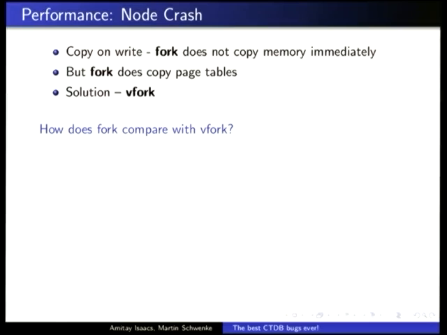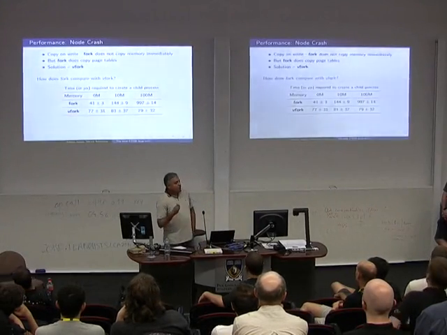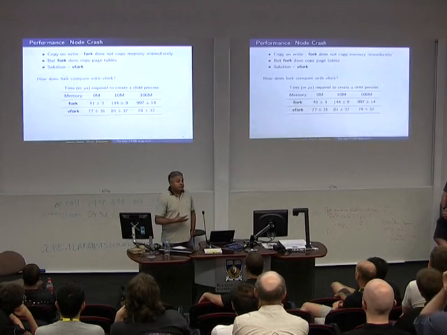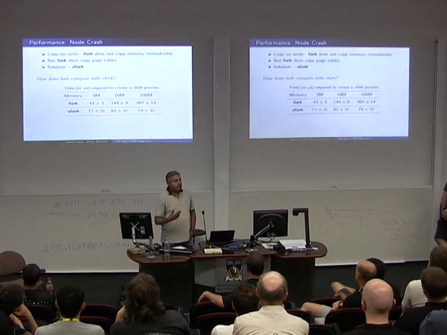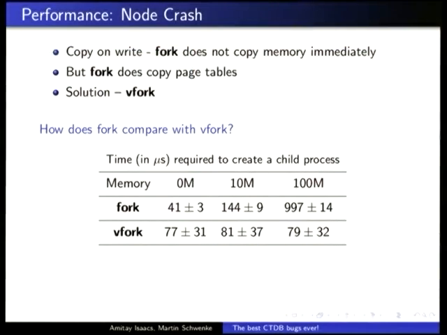So how does fork compare to vfork? Well, I just wrote a sample program to see, and here are the results. Depending on how much memory is allocated in the process, when you actually do a fork or vfork, it takes a different amount of time. When you're doing a fork, if you don't have any memory allocated, just a simple program that forks and does something, it's very, very fast.